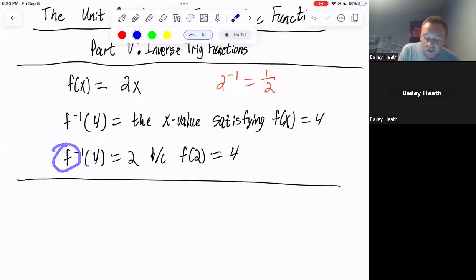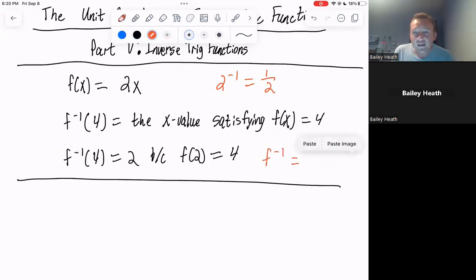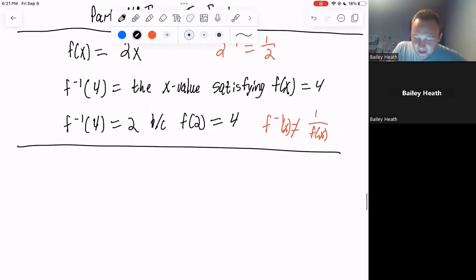This f is a function, whereas this 2 is a number. If we have a function and you see that minus first notation, that is not the same thing as 1 over f. Whenever we're talking about functions, that's not what this -1 exponent represents. I realize it's confusing and frustrating probably, but alas, there are deep algebraic reasons that it makes sense in which they are kind of the same. But I wanted to make that point here. Don't shoot the messenger, okay?